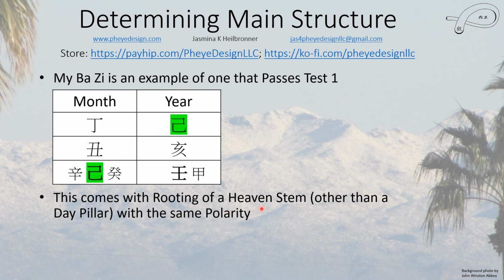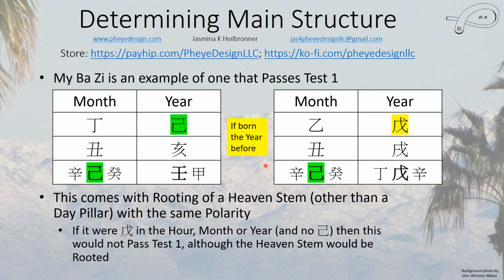But it does have to have the same polarity. Now, if I happen to have been born the same day, a year before I was actually born, this would be the month and the year. And even though these are both earth elements, they're not the same.